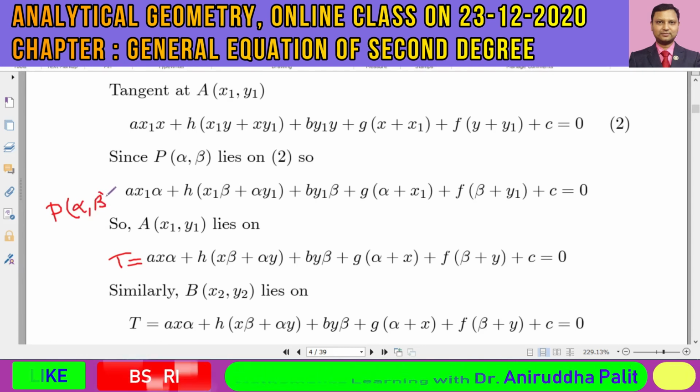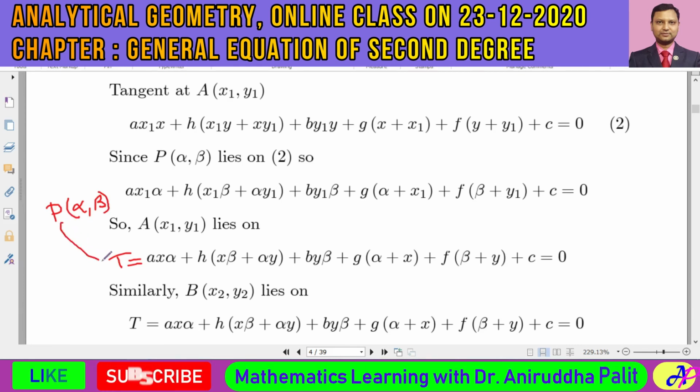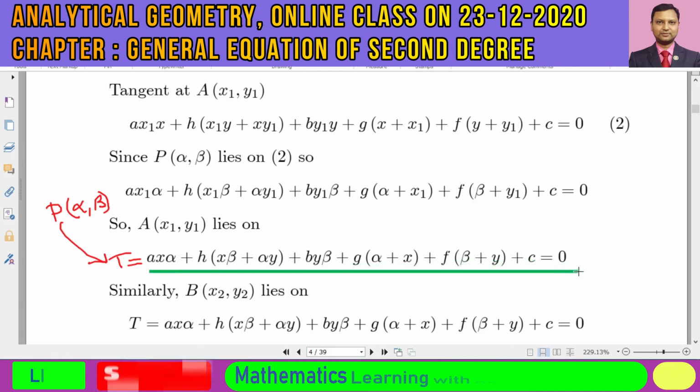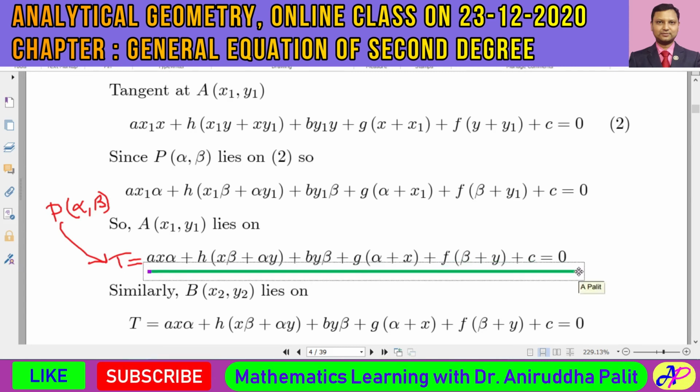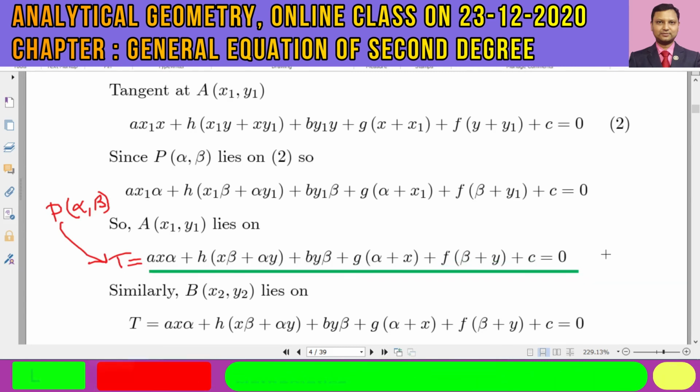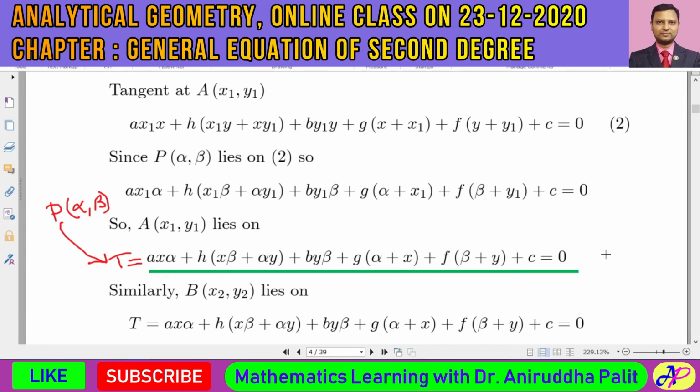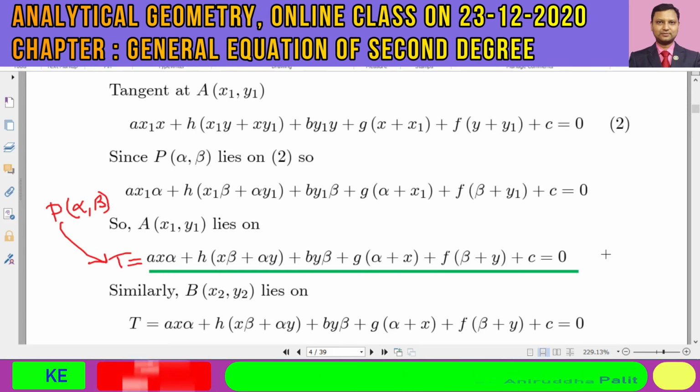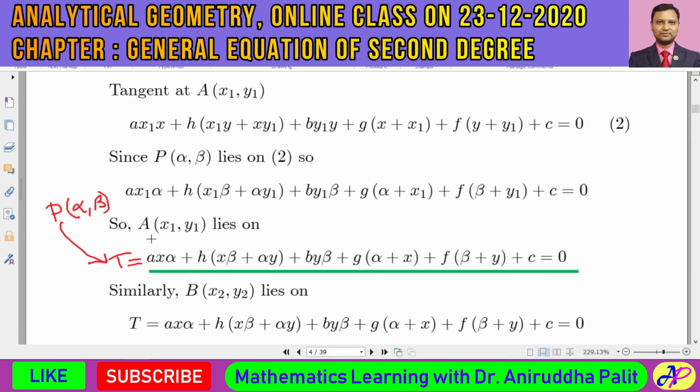So we can say that this equation can be written as T is equal to 0 computed at the point alpha comma beta. So what we observe is that x1 y1 lies on the straight line T is equal to 0 computed at the point alpha comma beta.